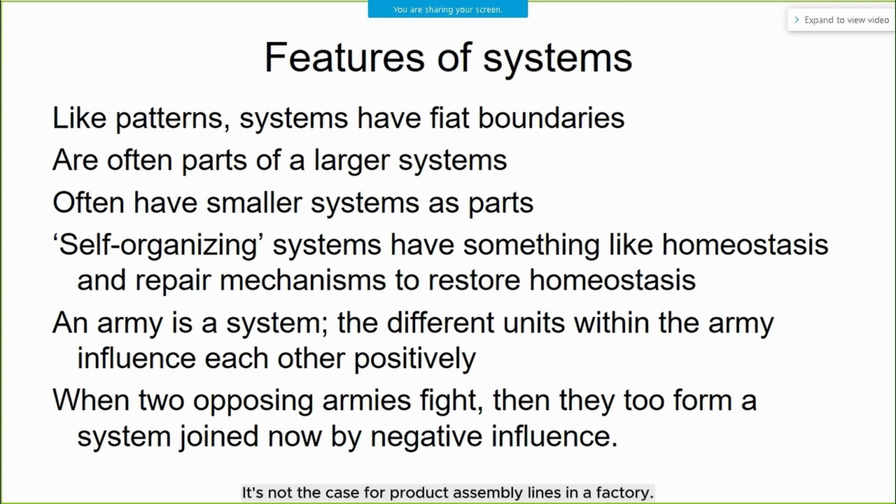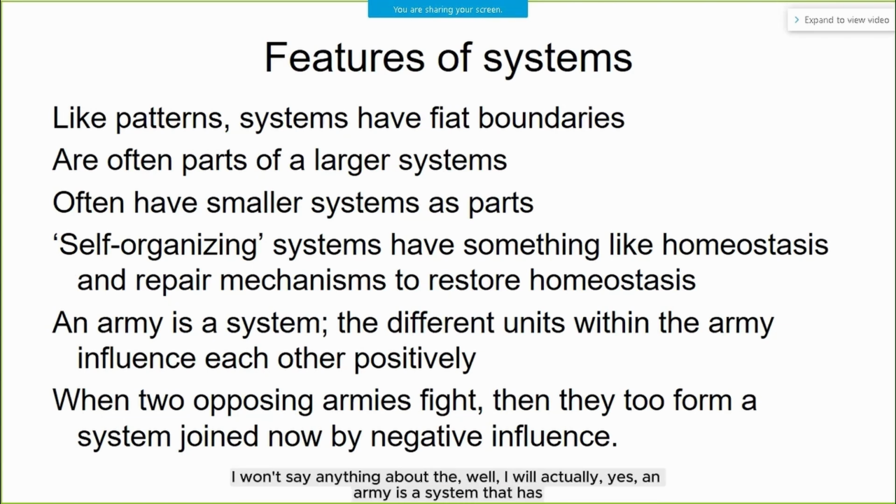I won't say anything about the... well, I will actually, yes. An army is a system. It has all the capabilities, it has all the training, has all the features of systems. But now what I think is interesting, and therefore perhaps false, is that when two opposing armies are fighting, they form a system.